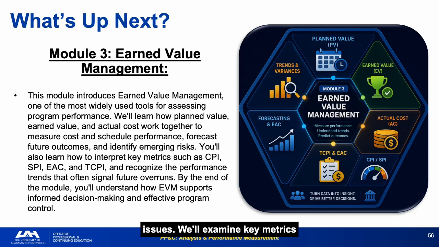We'll examine key metrics such as CPI, SPI, EAC, and TCPI, and learn how to interpret performance trends that often signal future overruns. By the end of the module, you'll understand how EVM supports informed decision-making and helps program teams maintain effective control of cost, schedule, and overall program performance.